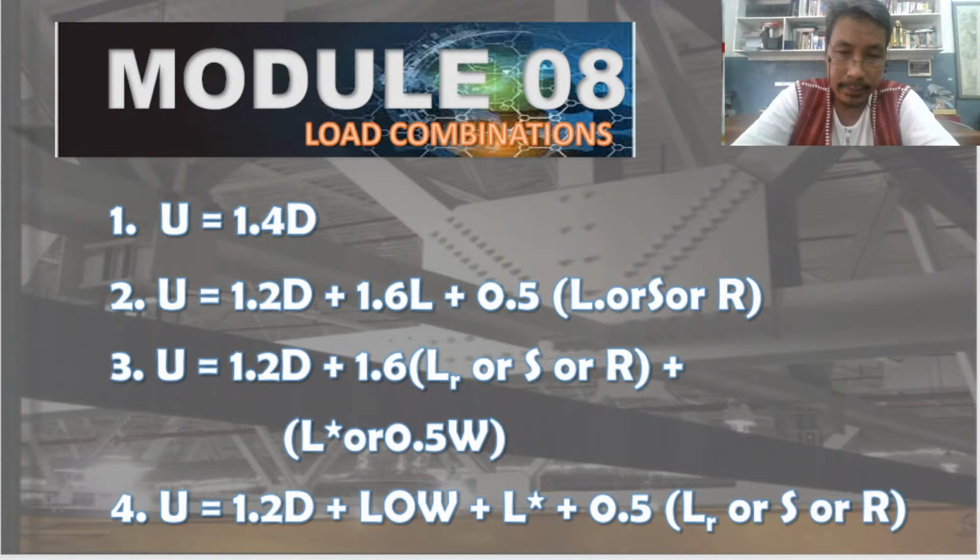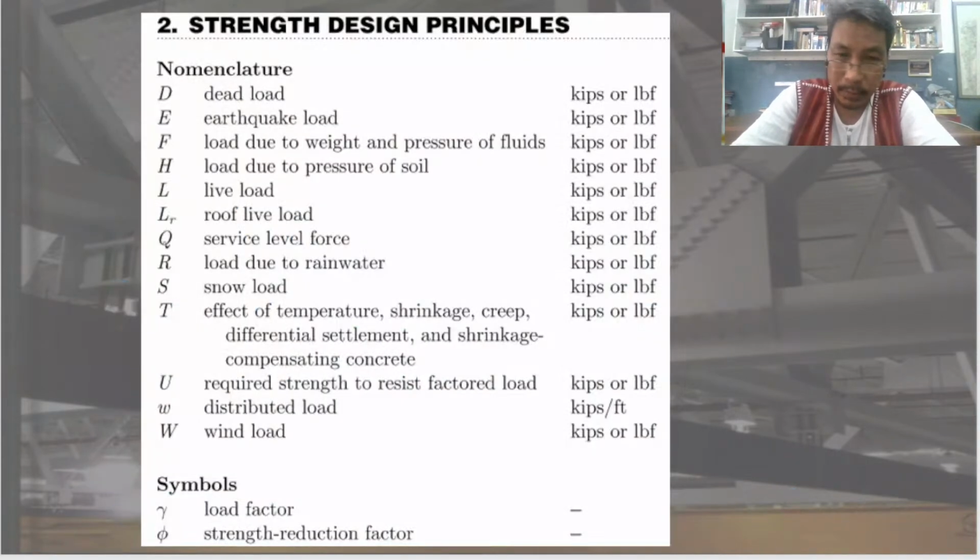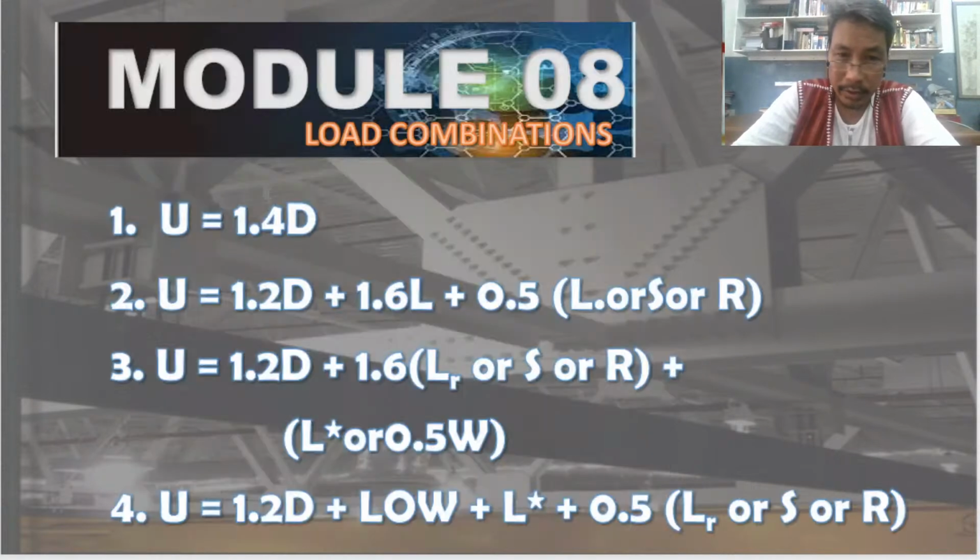Number 1, U is equal to 1.4D. From our symbols, U is required strength and D is dead load. Therefore, required strength is equal to 1.4 times D.